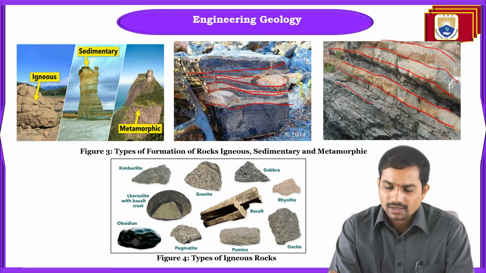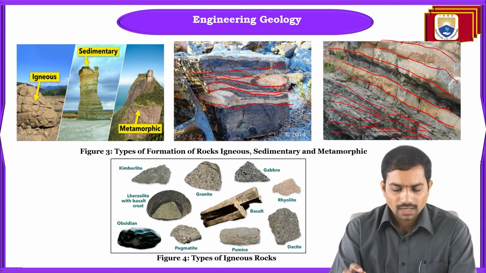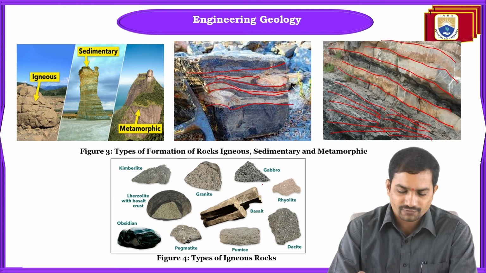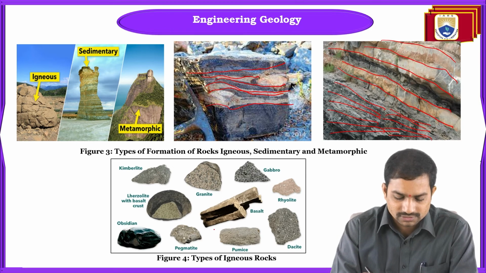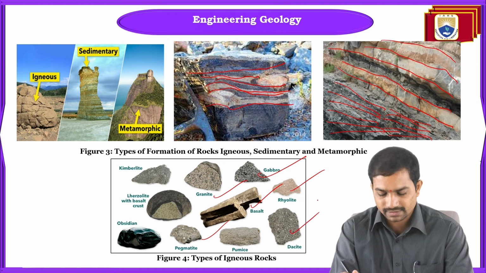That is why we can see plate shaped particles here, which are highly compressed. Mostly they might be clay particles. Also, I wanted to highlight a few of the igneous rocks: basalt, granite, rhyolite, dacite, etc.